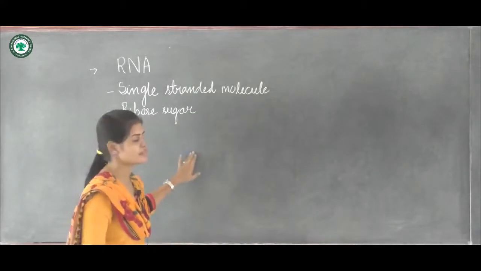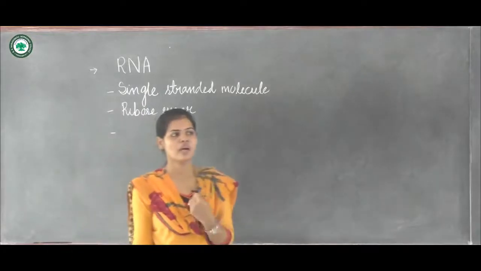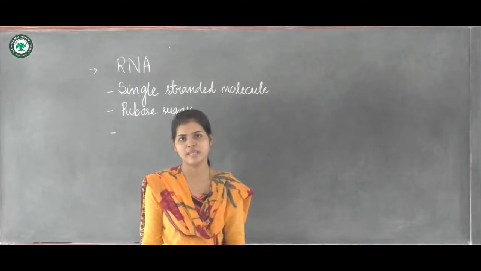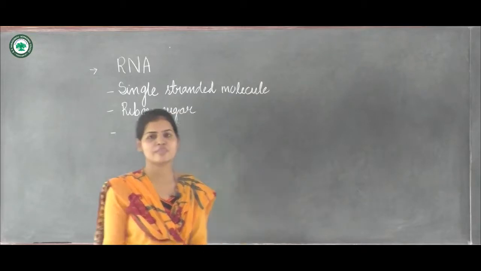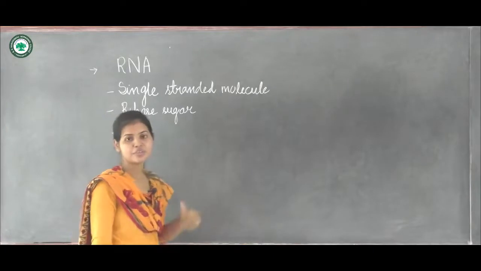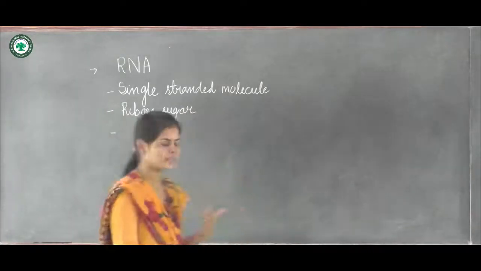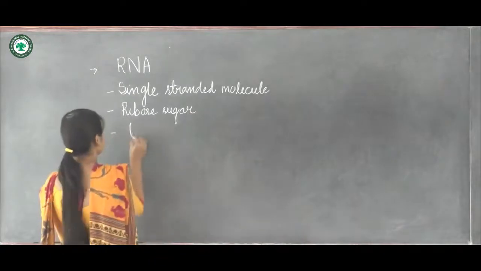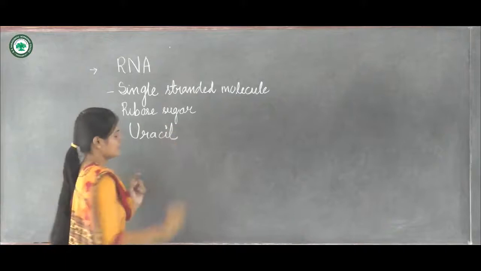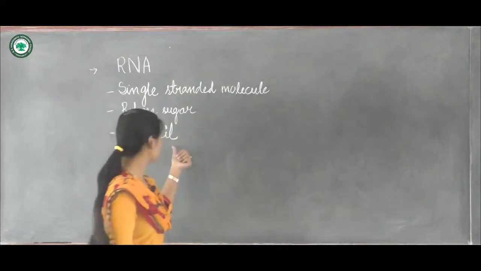Next, it has a base which is different from that of the DNA. In DNA, there is thymine, but in the case of RNA, instead of thymine, there is another base called uracil.